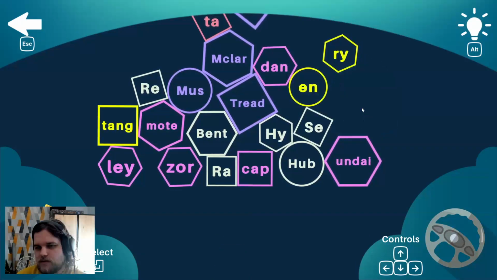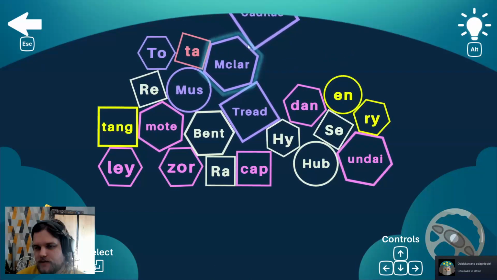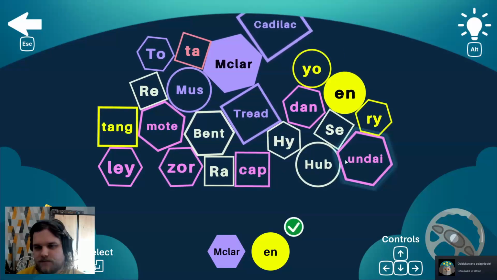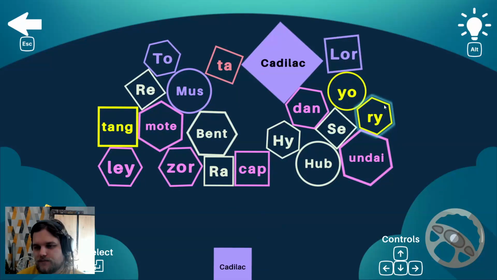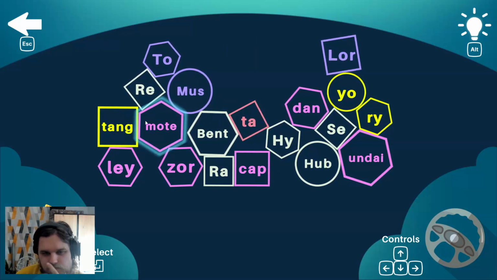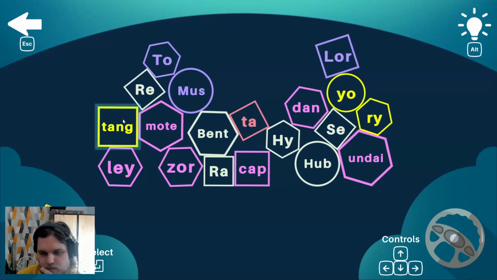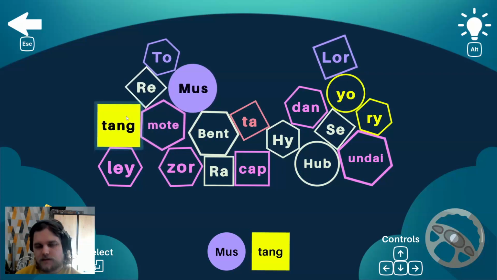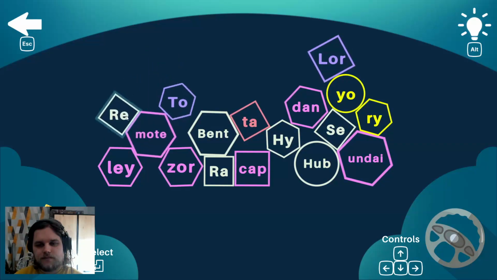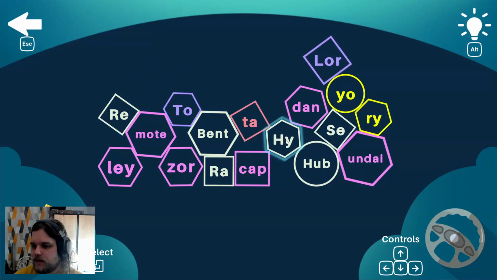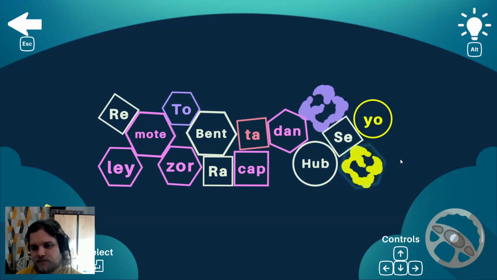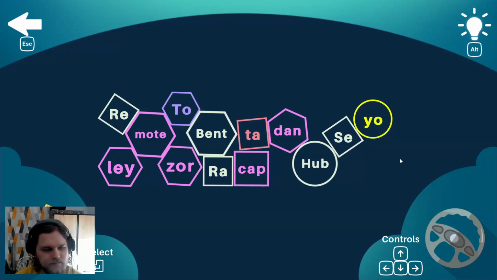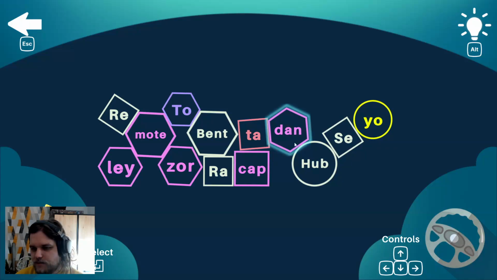That's what the new category just unlocked. Peugeot, probably McLaren here. Red, Cadillac. This looks like part of Mustang. They have Mustang here. A Hyundai. Lorry. Sedan probably with this one.